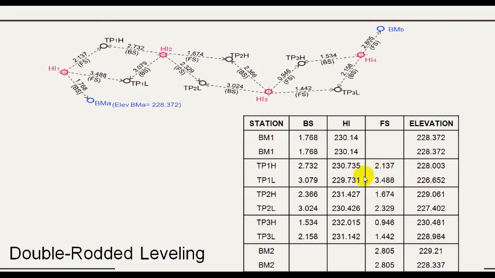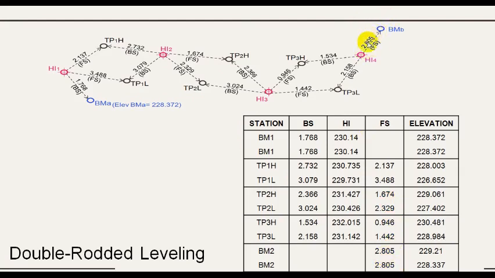Then after that, we transfer our instrument to the next setup. Then, back at turning point 1, the backsight reading at turning point 1H is 2.732. Then the backsight reading for TP1L is 3.079. So we keep repeating this until we reach benchmark 2.